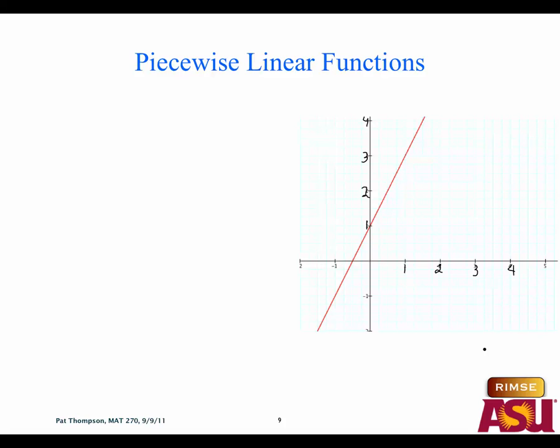So in light of piecewise linear functions, what could you conclude about this particular line here? Talk for a second at your tables. What do you observe about this particular graph? Okay, go.